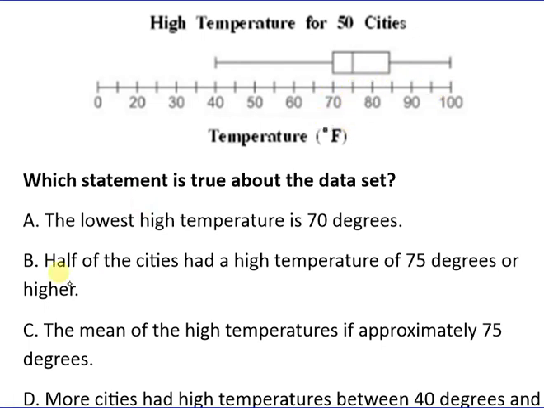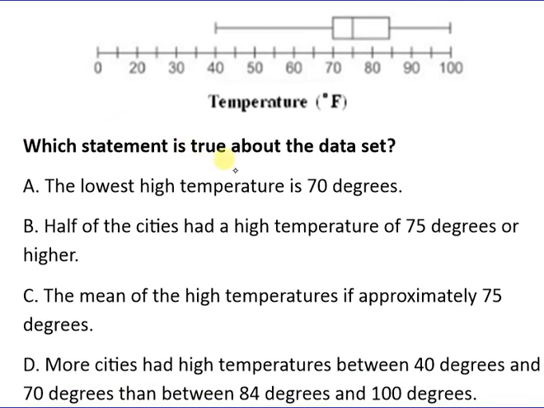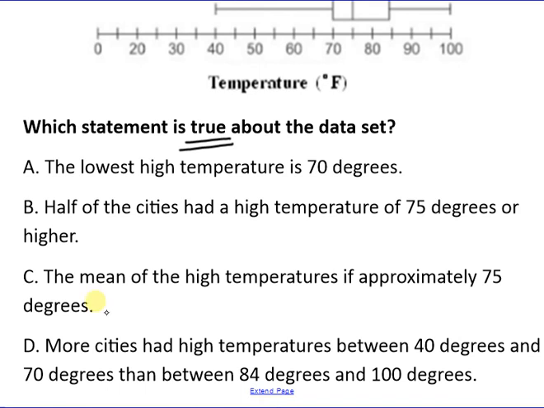Okay, so let's take a look now at the answer choices. So, which statement is true? The lowest high temperature is 70 degrees. Half of the cities had a high temperature of 75 degrees or higher. The mean of the high temperatures is approximately 75 degrees.